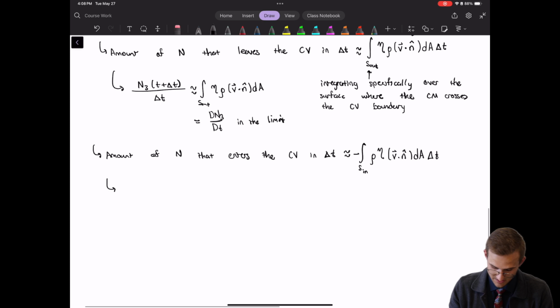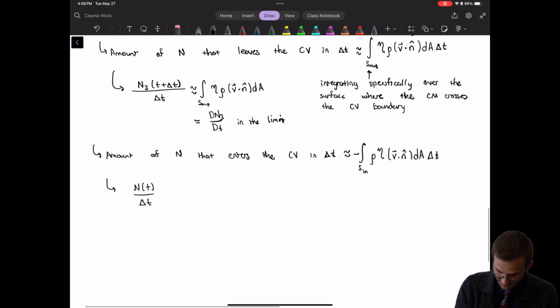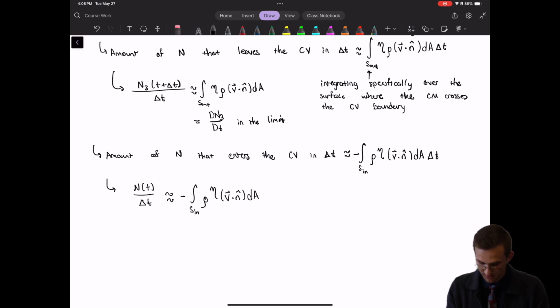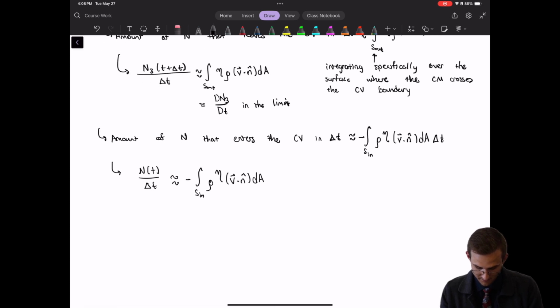And so we can calculate the amount of n at time t divided by delta t by performing this integral of how much of the property n was carried into region 1, or into the control volume, in the space that was vacated by the material during this passage of time. Okay, so we pick up that negative sign.